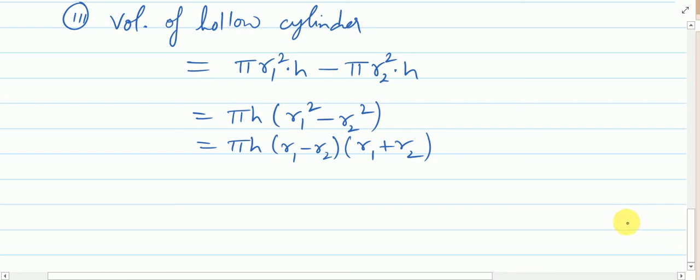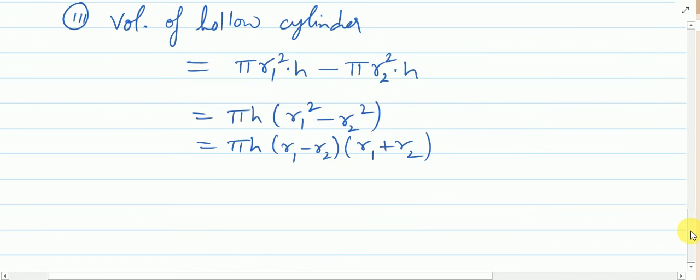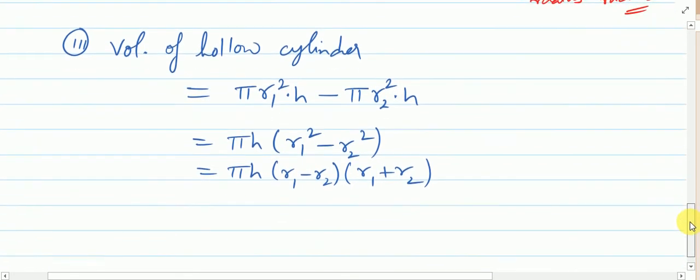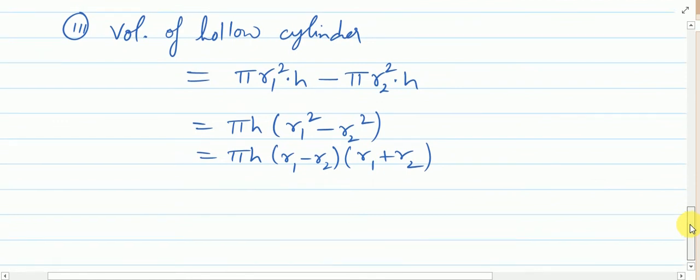This was all about the formulas, and in the next class we will start exercise 15a. So let us keep it till here. Your work is to write down these formulas, understand them, memorize them. So this is all for today.